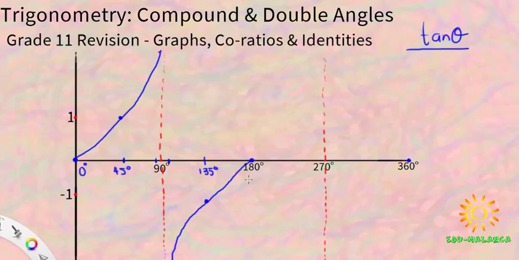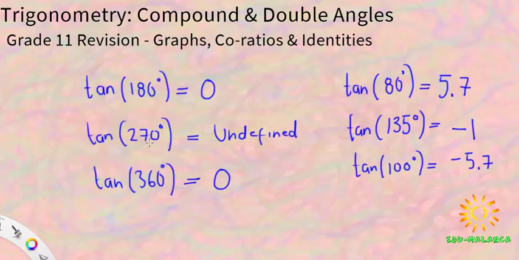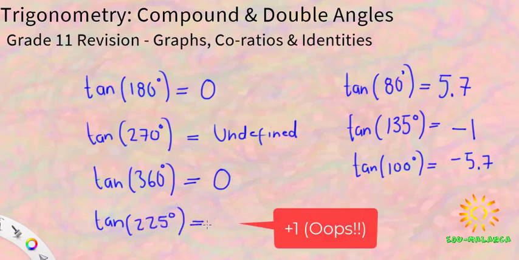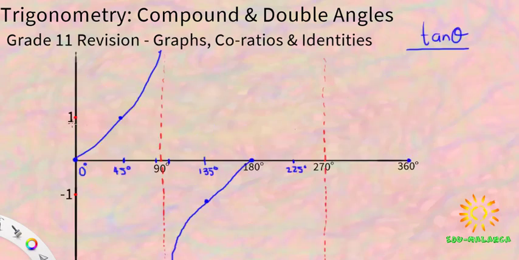Let's move to this side. Between 180 degrees and 270 degrees, the halfway point is at 225 degrees. And if we put into our calculators tan of 225 degrees, we will find that the answer is equal to 1. So again, we're going to 1, which is about here.